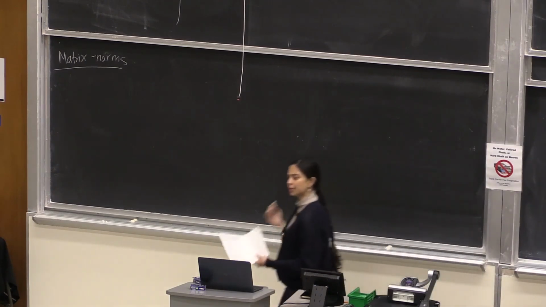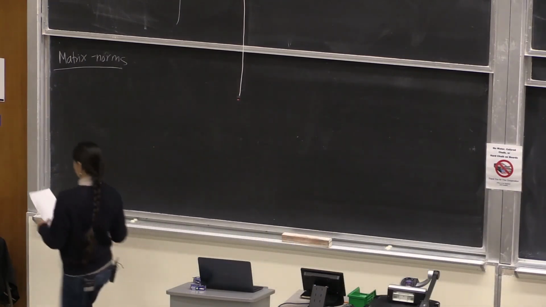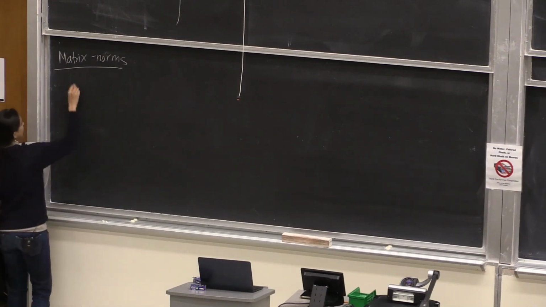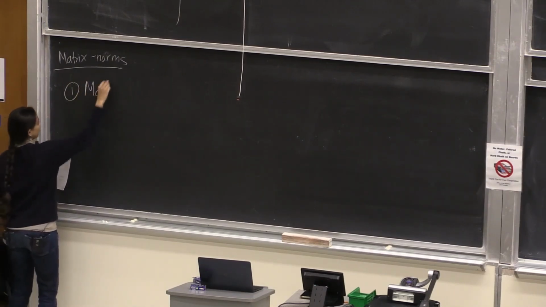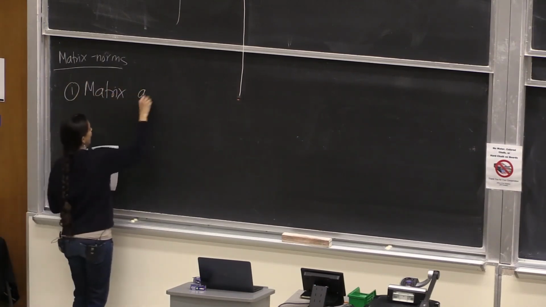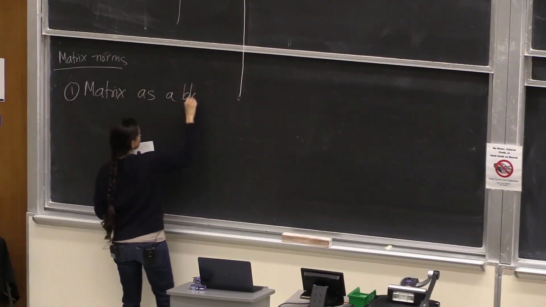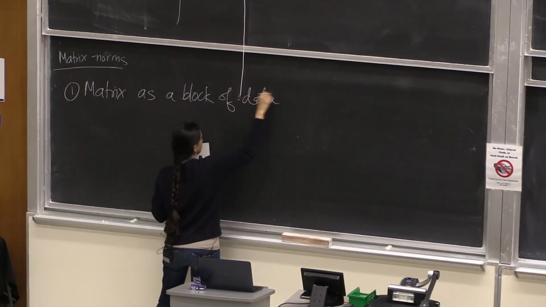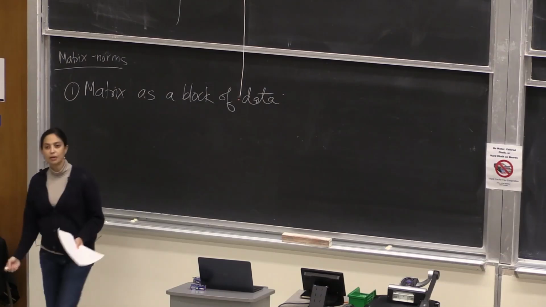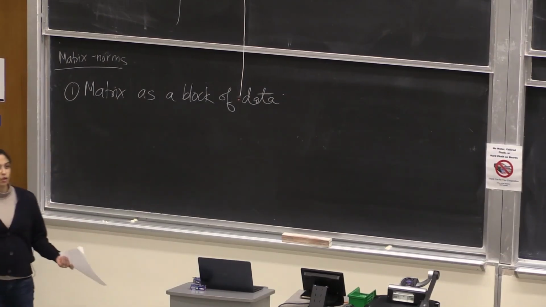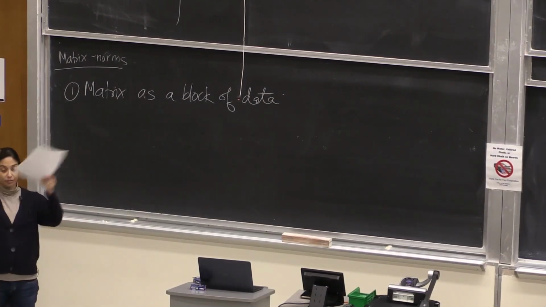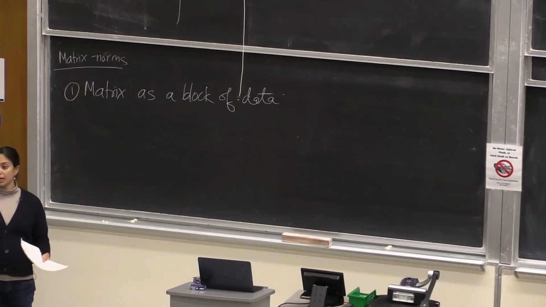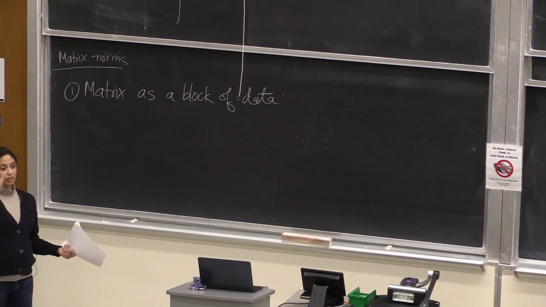One perspective when you think about a matrix is to think about the matrix as a block of data. Last class we were looking at images, and we had a bunch of pixels. I have a 64 pixel image, an 8 by 8 image. I can think of that as a matrix.